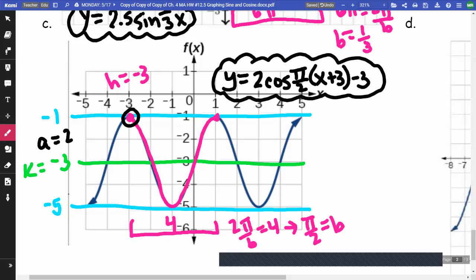Again, I chose to do this one as a cosine this time. I could have done the other ones as a cosine if I wanted. The A is going to stay the same always, but it might be a different sign. Your B would be the same. Your phase shift would change, but your K would also be the same.